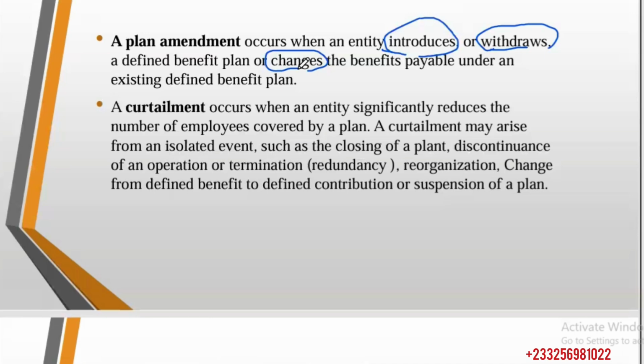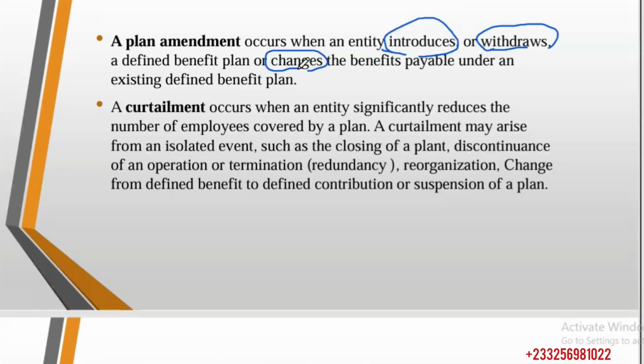It will increase the benefit, and when the benefits payable to employees are increased, it becomes an extra expense to the entity. So be very careful. If there's an amendment that will increase the benefit paid to employees, that kind of amendment is expected to increase the obligation, because in the future you'll be paying more.